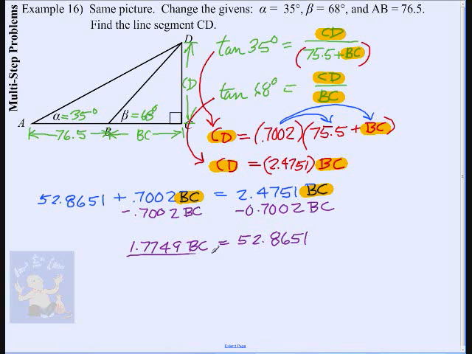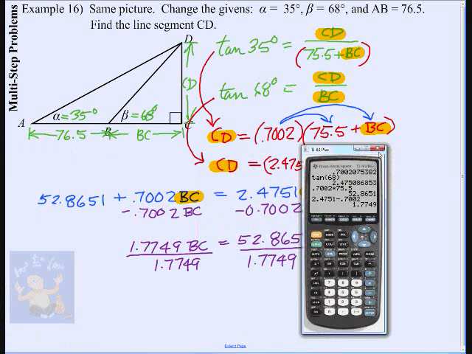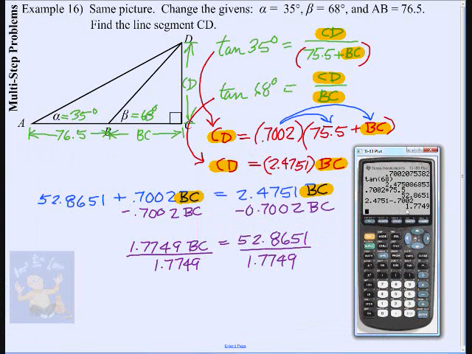Since I want to get BC all by itself, I'm going to divide both sides by this number. Let's do that with our calculator. I'll multiply by the reciprocal, 52.8651 divided by 1.7749, which is 29.78.